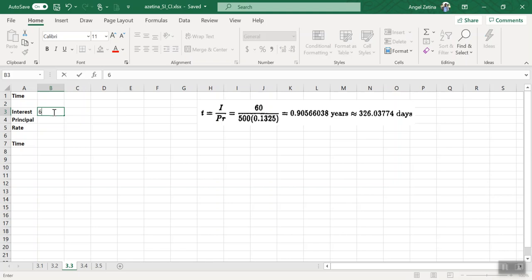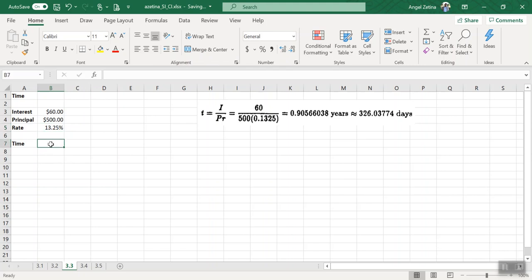Okay, so here we enter 60, changes to currency, and the principal, which will be 500, change to currency, the rate, which is 13.14%, so we change it to a decimal, change it to a percentage one time, increase the decimal, so we can see the 13.14%.